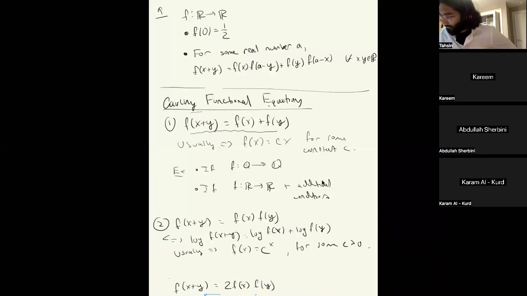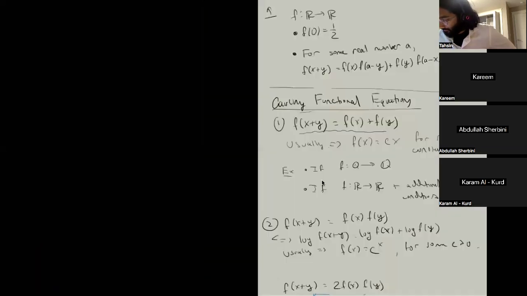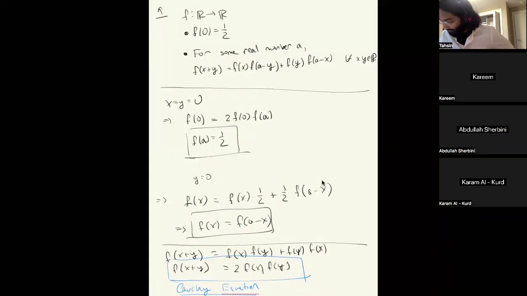So that was maybe an aside, but let's go back to the original problem. So it was here, right? We did some manipulation and we concluded that this is true. So what can we do from here?